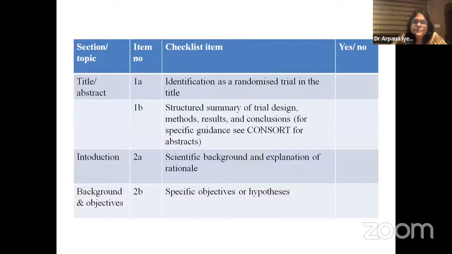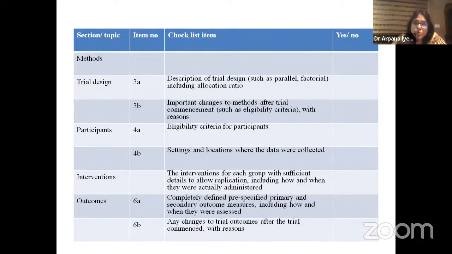These start from the title, and go to the introduction, background, objectives, methods, and results, and we need to go through each of these checklist items when you report. It's mainly for reporting, but even if you have to appraise, it's good to look at this because then you will not miss out on the finer points when you look at how well the RCT was conducted.